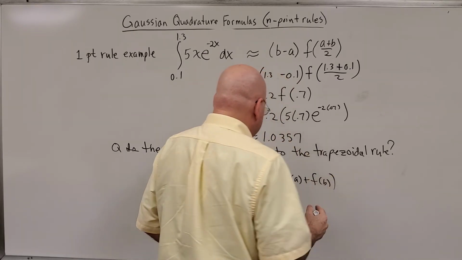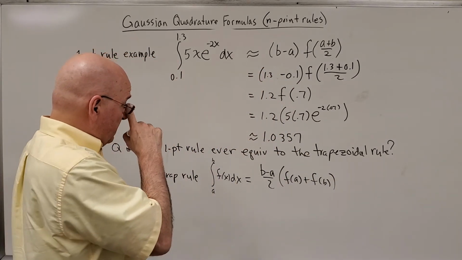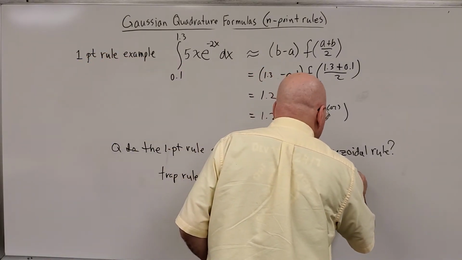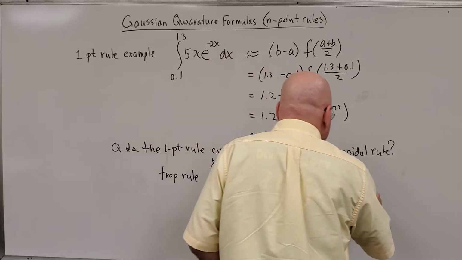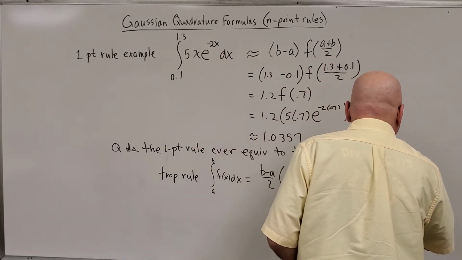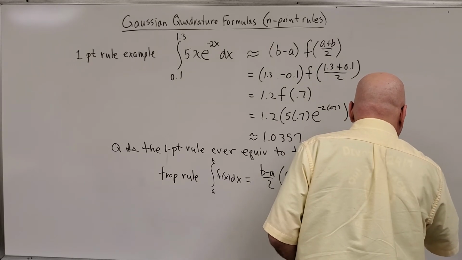That's just the area of a trapezoid. Is that ever equal to, question mark, b minus a times f of a plus b over 2?